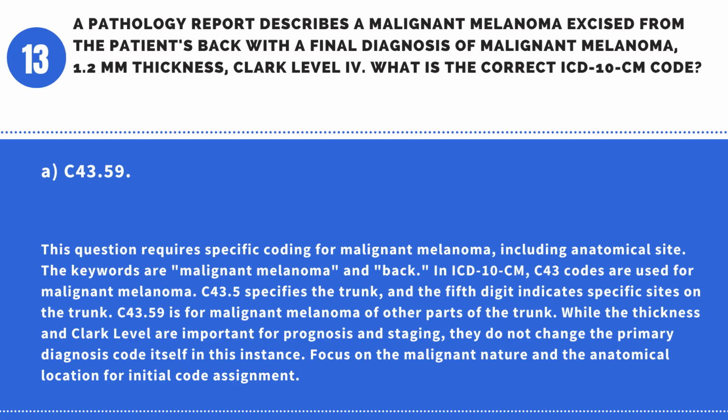C43.5 specifies the trunk, and the fifth digit indicates specific sites on the trunk. C43.59 is for malignant melanoma of other parts of the trunk. While the thickness and Clark level are important for prognosis and staging, they do not change the primary diagnosis code itself in this instance. Focus on the malignant nature and the anatomical location for initial code assignment.